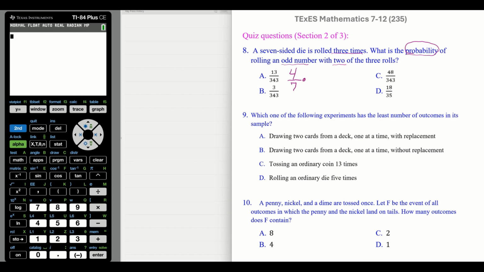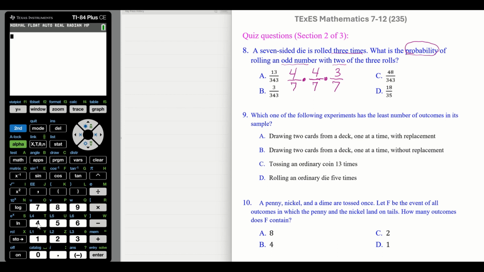We need to multiply. And the next event is also about odd numbers, so that is 4 out of 7. However, the last event has 2, 4, and 6. That is 3 out of the 7. We simply need to multiply, and we don't need to use parentheses.